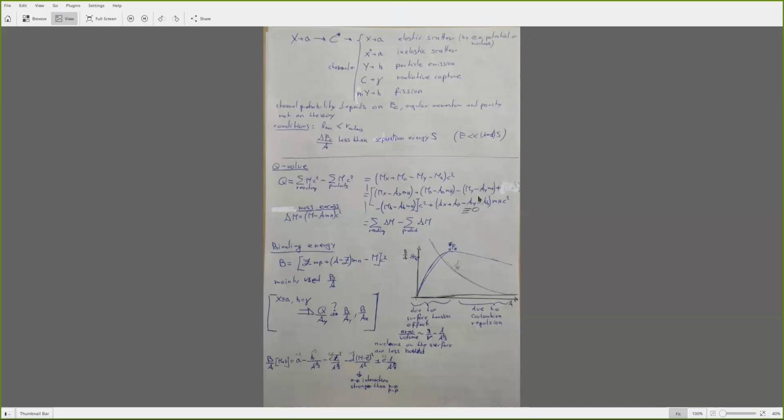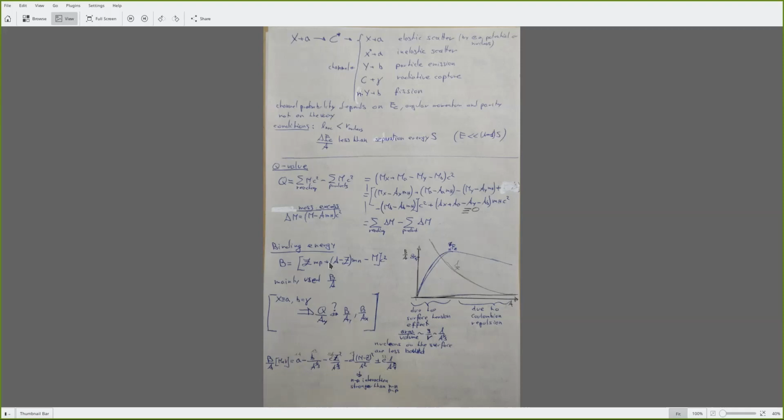I just wanted to remember a few points of yesterday. The binding energy is the energy to disassemble a nucleus, or the energy released assembling a nucleus.